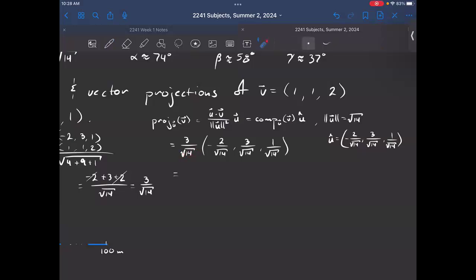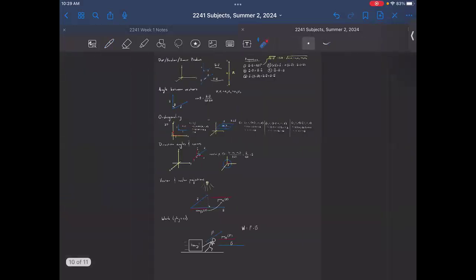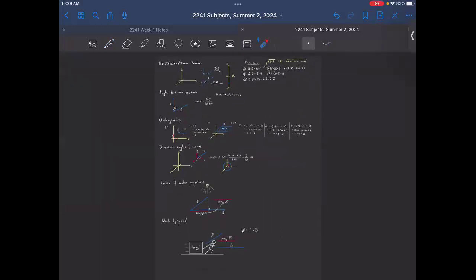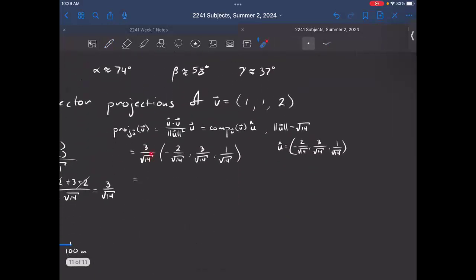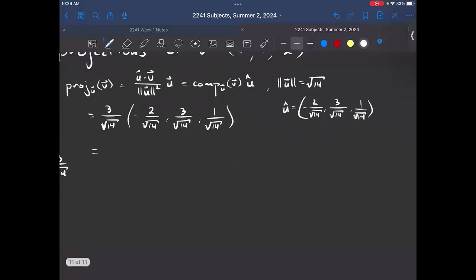This is not multiplying like the dot product, it's not working like rule number 4 here. So we want to make sure that we are multiplying this scalar into every coordinate, because this is now scalar multiplication, not some weird dot product algebra rule that we are just getting used to.